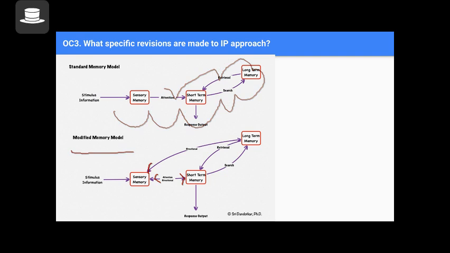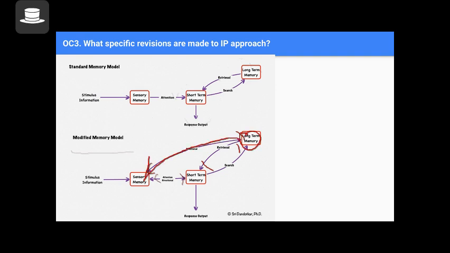You can see these arrows change into bidirectional. In other words, there can be influence of this on this also, right? There can be influence of this on this, and also this on this. So that's the bidirectional nature. So the bidirectional nature of the arrow marks is one big change.